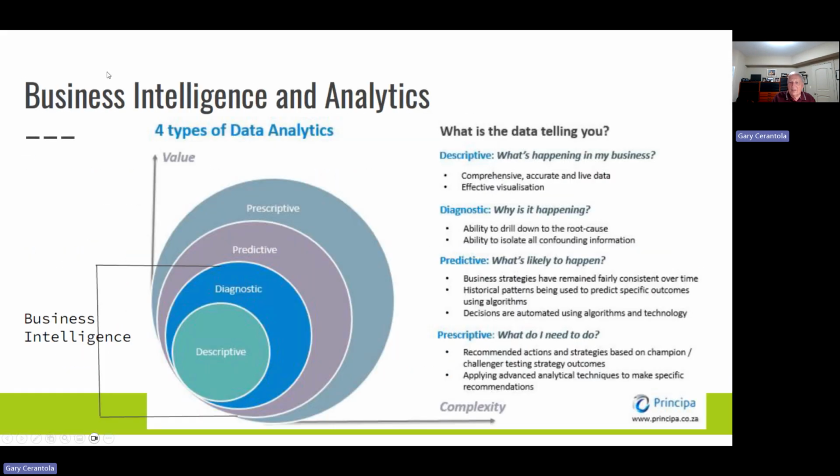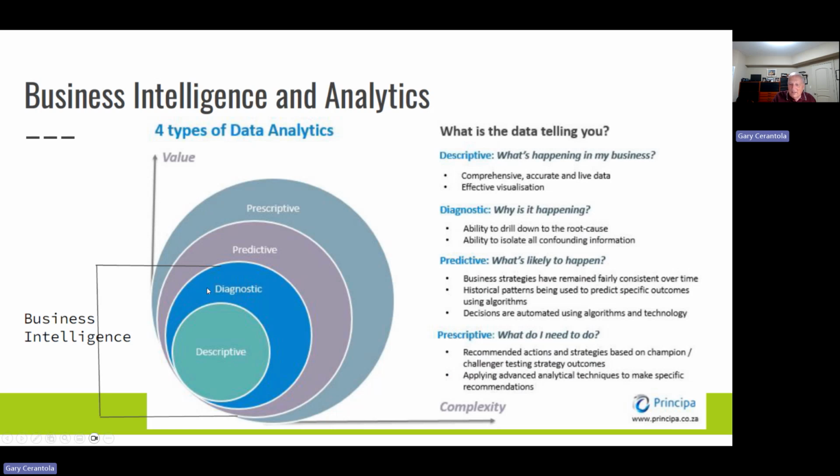Okay. So here's the piece. All right. So what we did was, we look at the four types of data analytics. So first, what we do is we look at the data itself and what's it telling us. That's descriptive, and then we can say, okay, so from what it's telling us, what's happening.